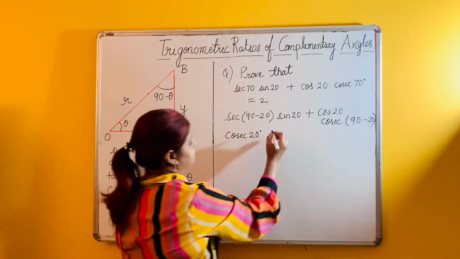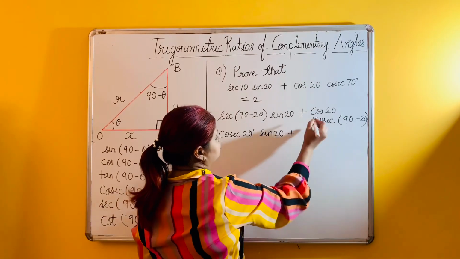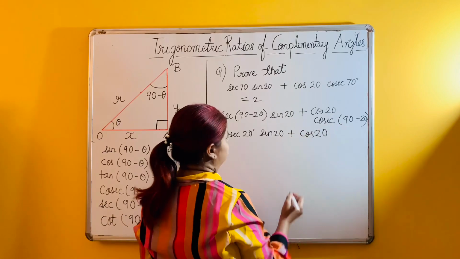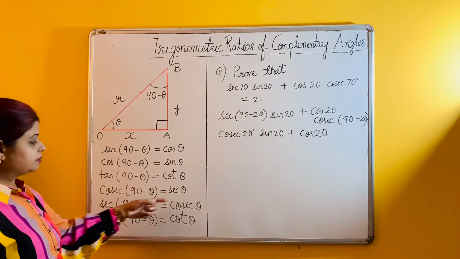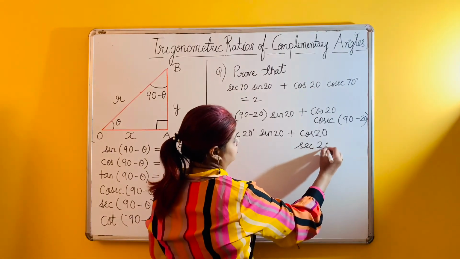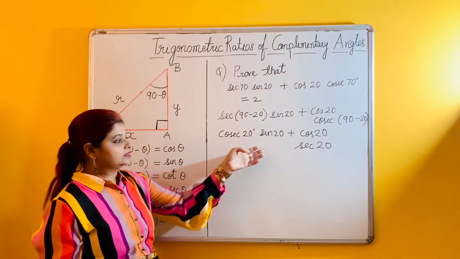And this is sine 20 plus cos 20. And then cosec 90 minus theta. So, cosec 90 minus theta is sec theta, which is here sec 20. So, using this, we simplified this expression.